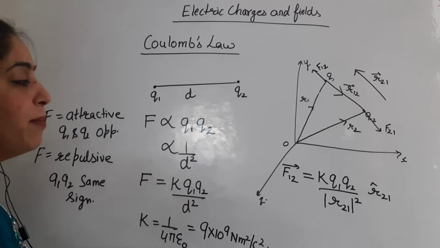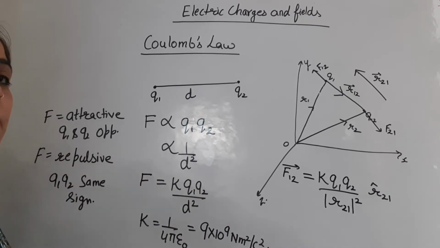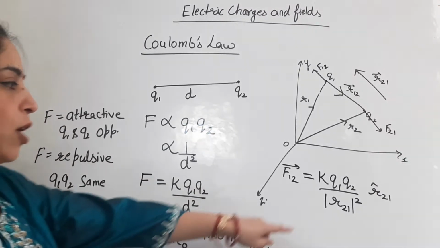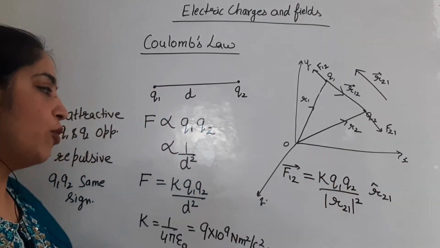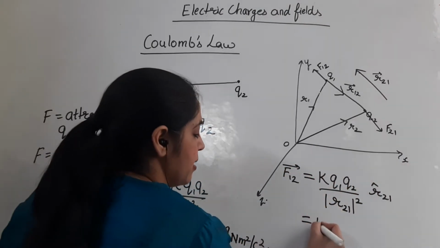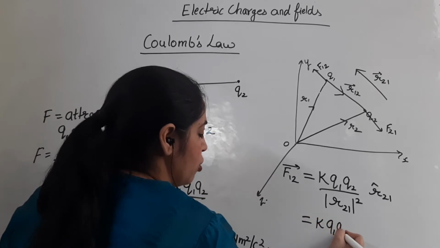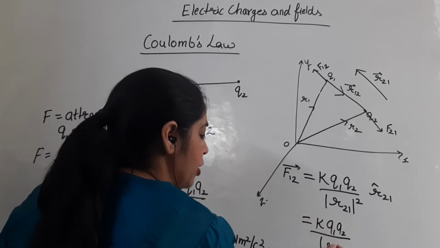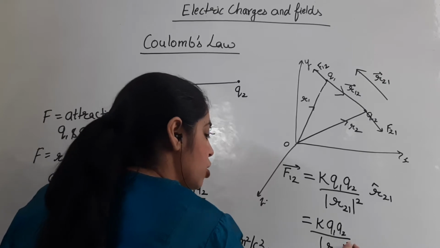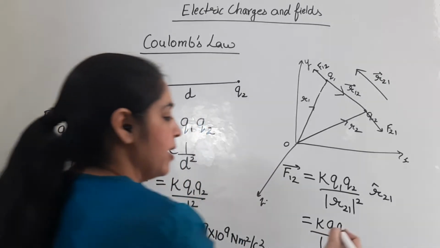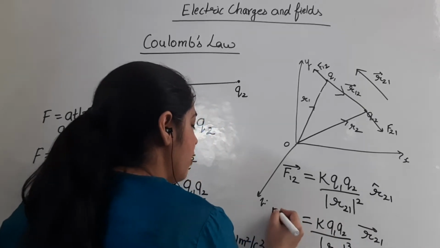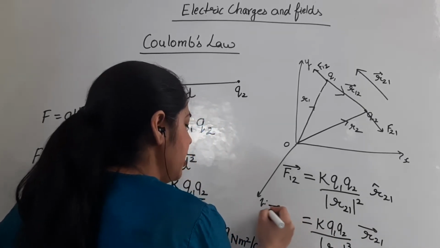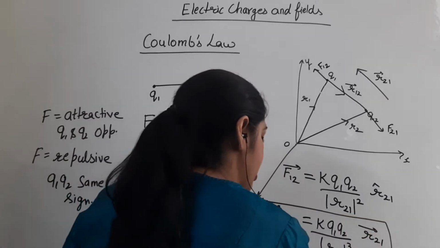Now if I multiply and divide this with the magnitude of R21, so what would I get? I'll get K Q1 Q2 upon magnitude of R21 cube, because we multiplied and divided, and on top I have a vector R21, which will give me the direction of F12.